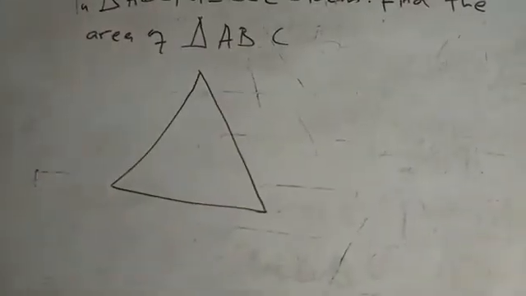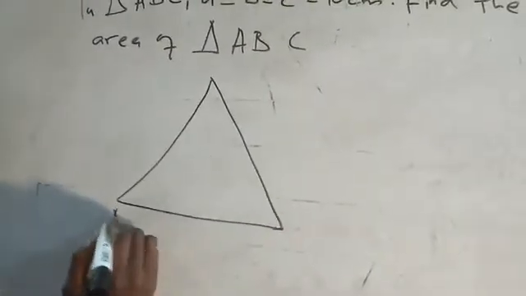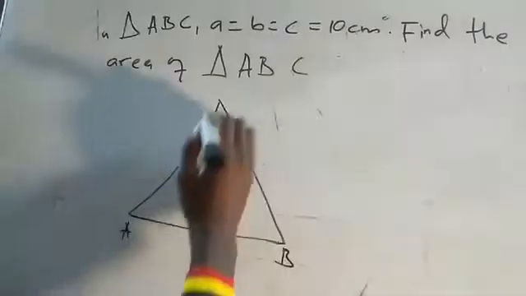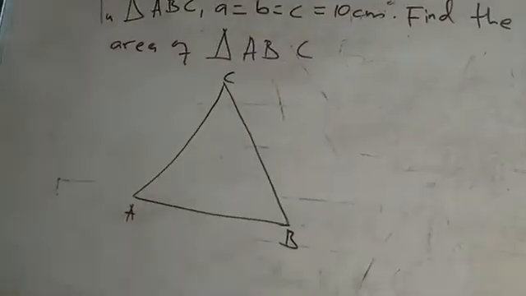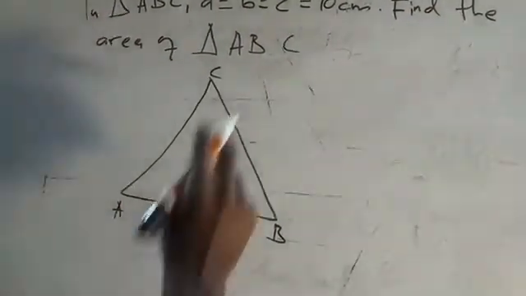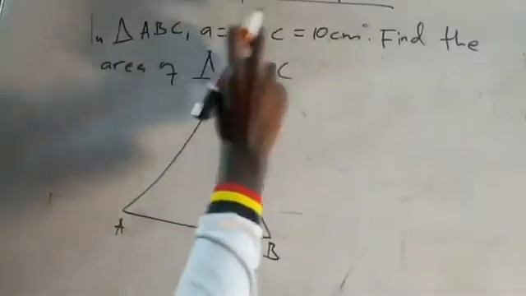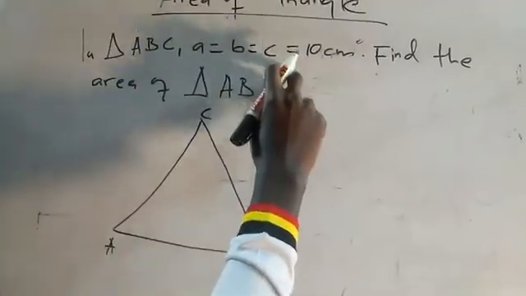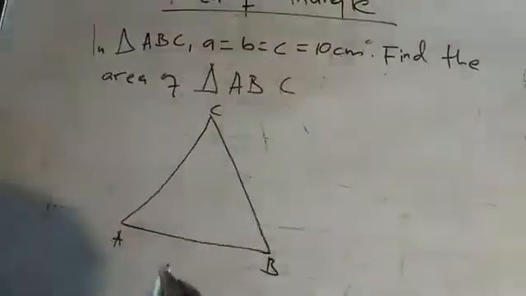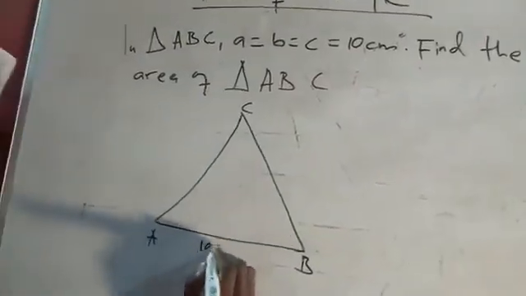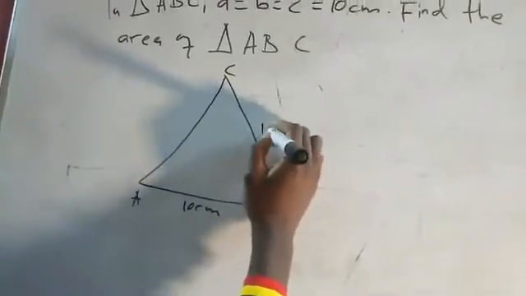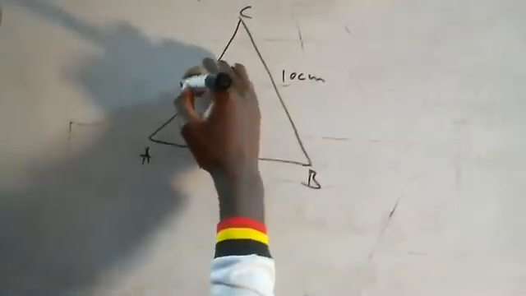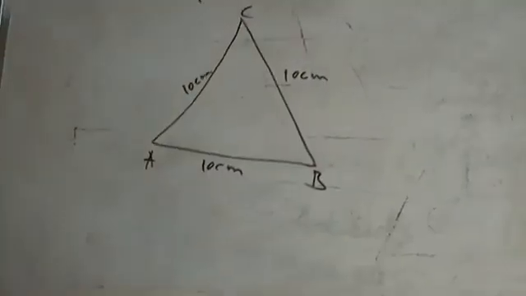A, B, C. They said that these sides are all equal and they are equal to 10 centimeters. So it means here it will be 10 centimeters, 10 centimeters, and 10 centimeters.